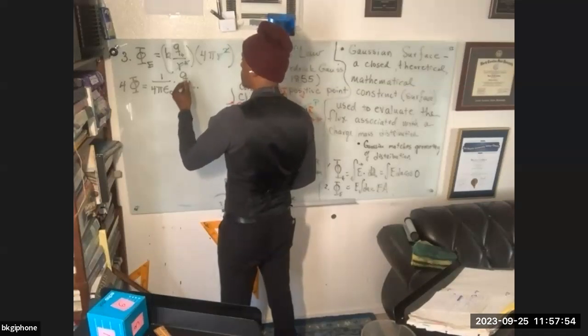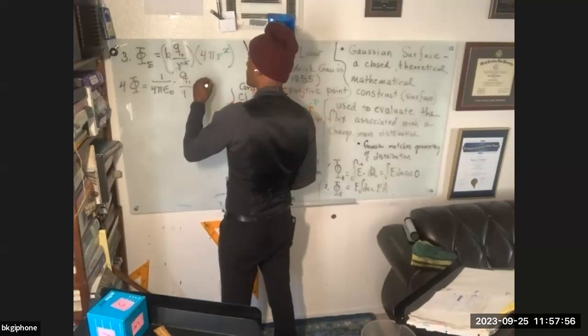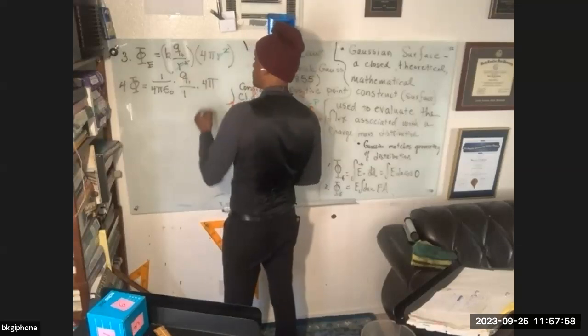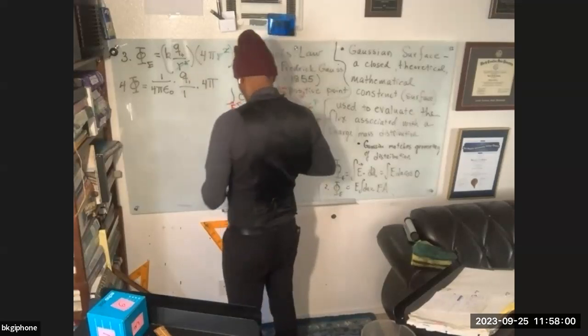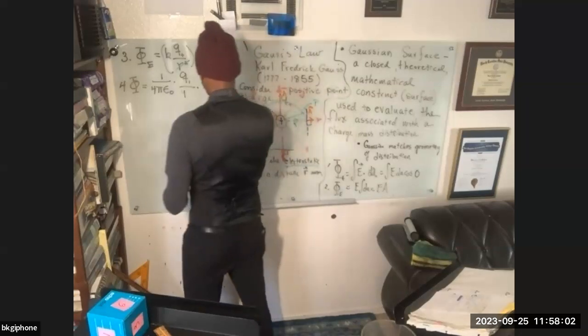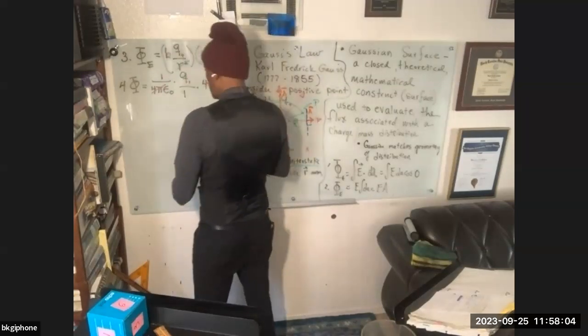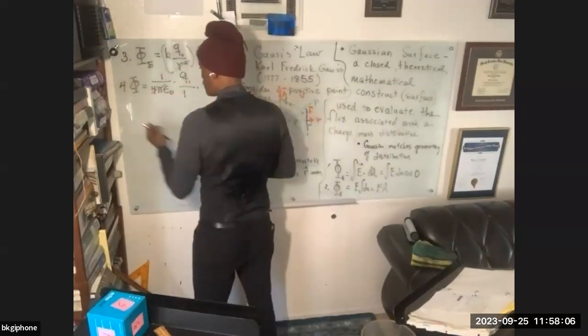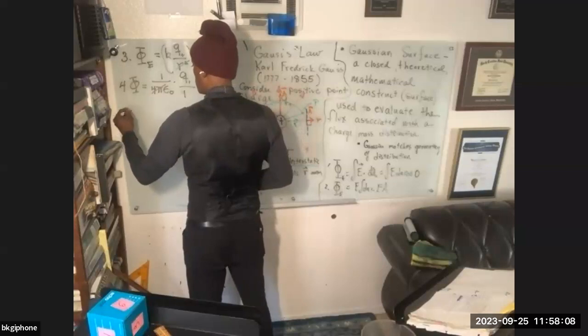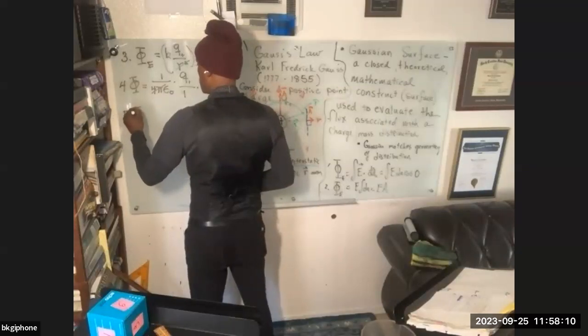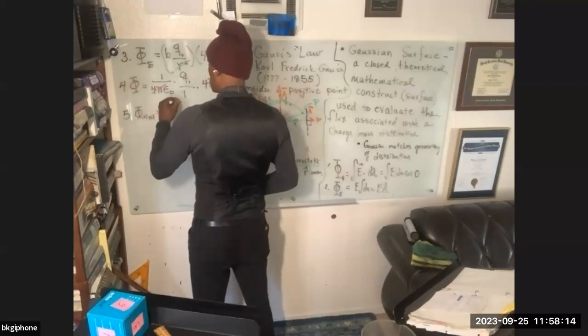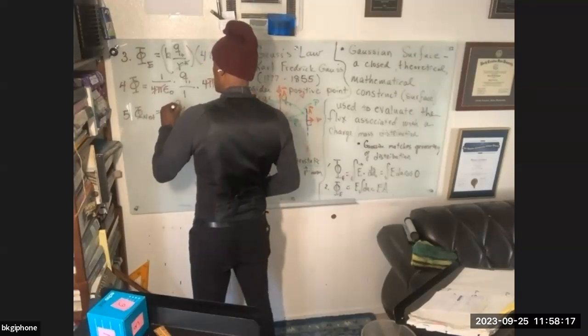Now you see that the 4 pi cancels, and I'm left with the result. The classic result is that the net flux through that surface is equal to Q plus divided by epsilon naught.